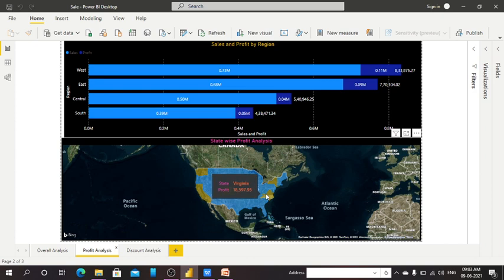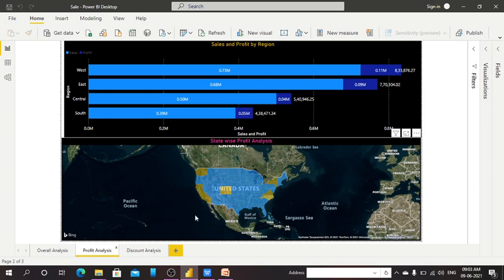Virginia is doing well. North Carolina is not doing well. Washington is doing well.